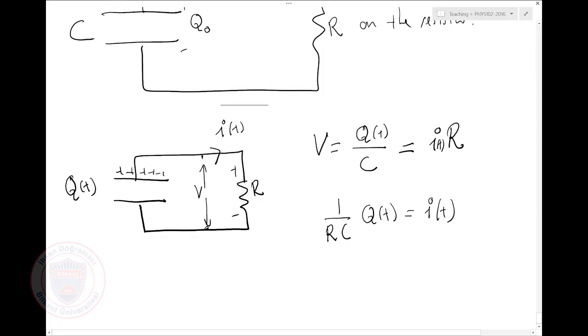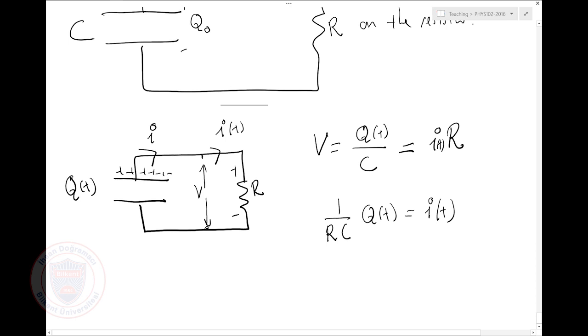Okay. Now, what's the relation between current and charge? Current was defined as the time rate of change of charge, right? dq dt. But let's be very careful here. Here I have plus charges. If I have a positive current leaving the plus terminal, does the charge increase or decrease?